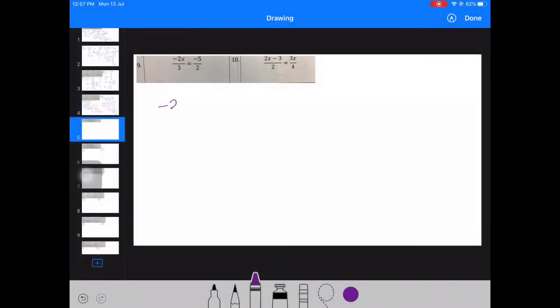So negative 2x over 3 equals to negative 5 over 2. We can just straight away reciprocate and multiply. On the right side, initially you have negative 5 over 2. You just want to bring this negative 2 over 3 to the right. So when you cross over the equal sign, this negative 2 over 3 will have to be reciprocated.